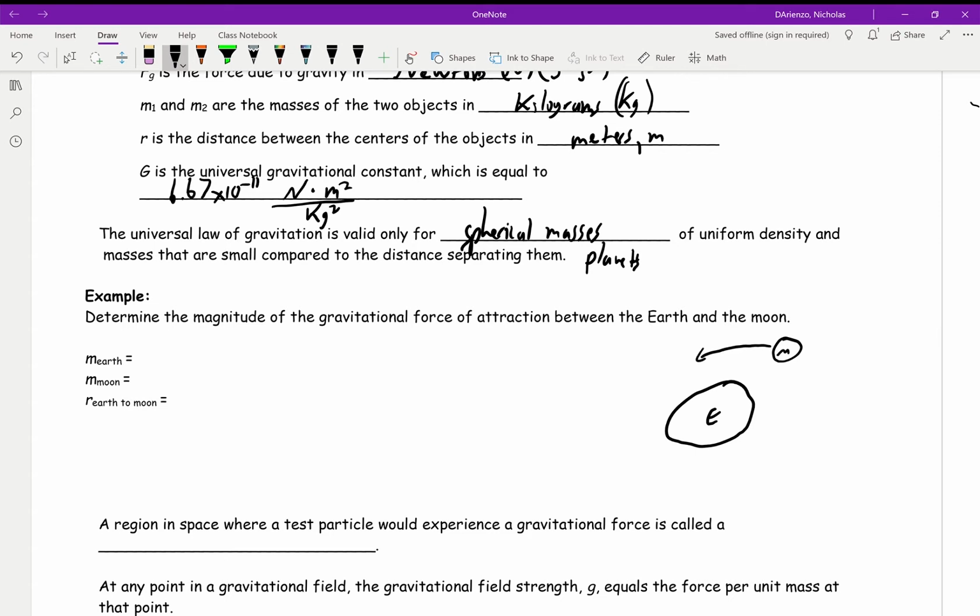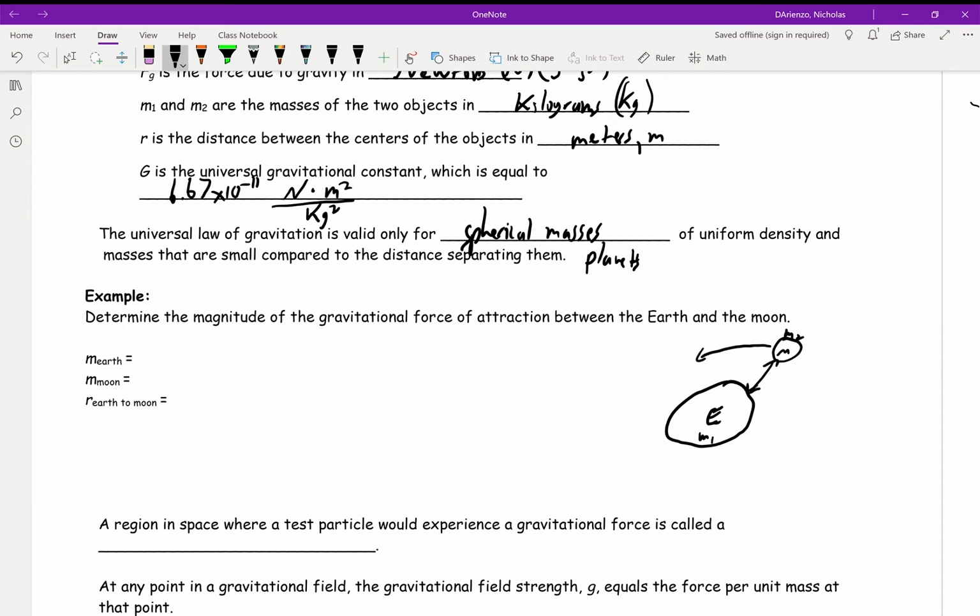Now we have some type of attraction between the Earth and the Moon, and each of these has a mass. The Moon being smaller and having a smaller mass, we'll call that M2, and Earth having a larger mass, we'll call that M1. There is going to be a force of attraction between each of these, not just the Moon on the Earth, but the Earth as well on the Moon. And we can determine that.